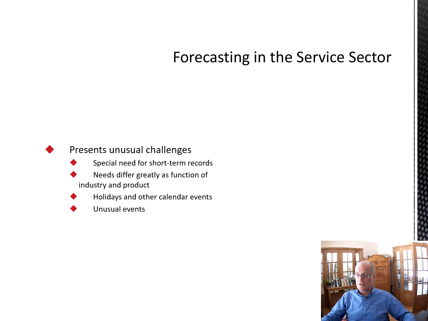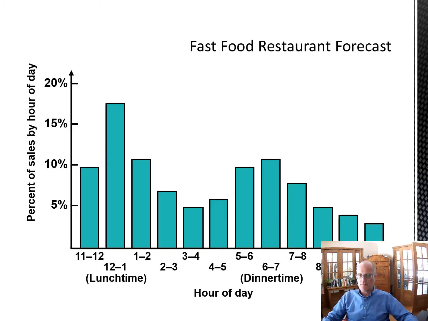We've all ended up at the grocery store stuck behind the person who has 17 coupons that they're all trying to get scanned. That becomes difficult to predict. Holidays and other calendar events become more important, and then there are also unusual events, not least COVID, that come into play. So also, there's much more variability.